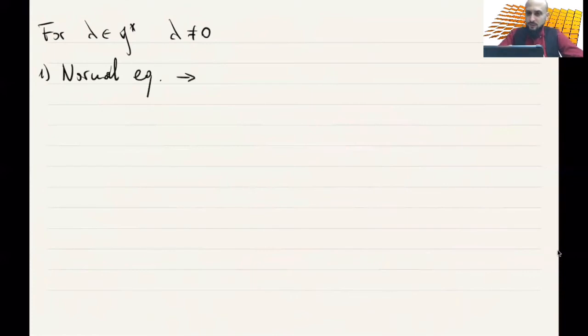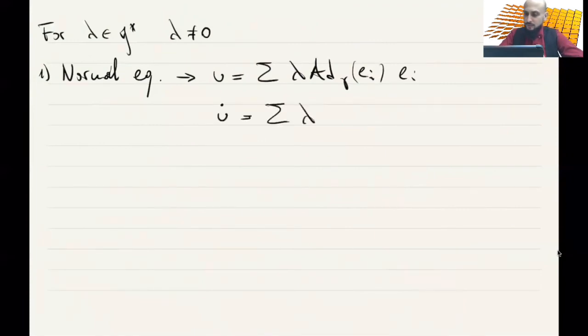This was giving us u equal sum lambda ad gamma e_i times e_i. And therefore, if I take the derivative, I have u dot equal sum lambda ad gamma [u, e_i].